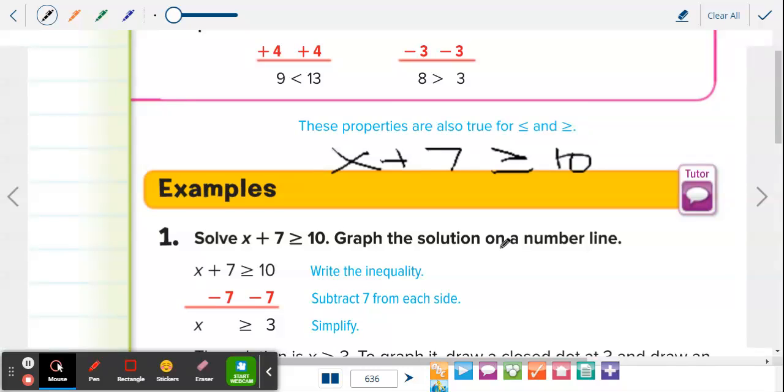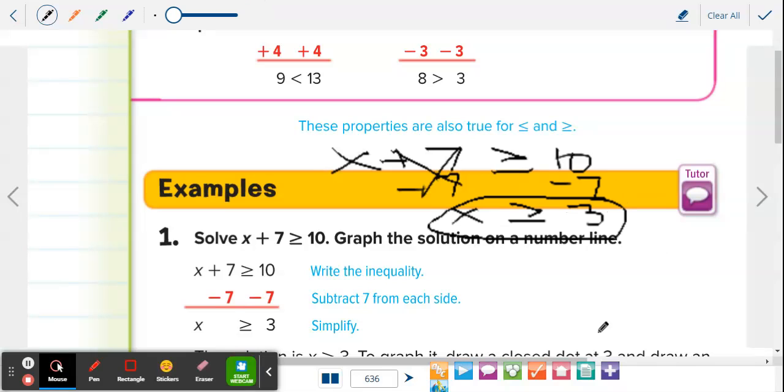What do we do to get rid of that 7? Subtract. If it's addition, we subtract. You always do the opposite. And remember, whatever you do to the left side, you have to do to the right side. So that's gone. You're left with just x is greater than or equal to, what's 10 minus 7? 3. There's your inequality. That's all they want you to do.